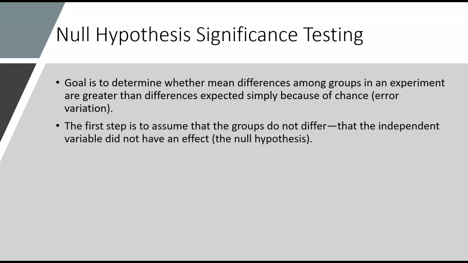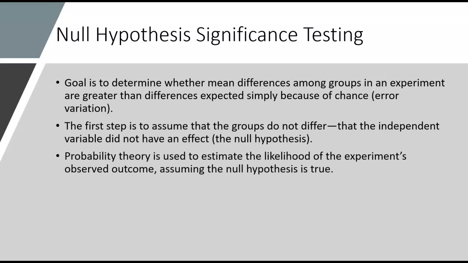The first step is to start with the assumption that there aren't any differences between the groups. In other words, the independent variable, or if I'm looking at my natural groups design in our data set, that the variable of age divided by groups doesn't have an effect on, say, perceived stress or optimism.